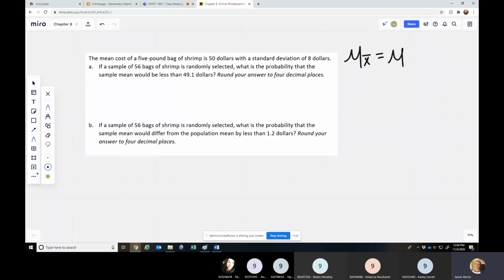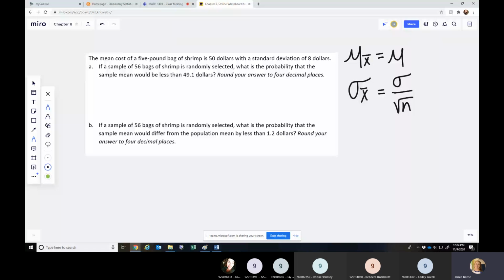It's just given by the mean of the population, which is mu. And the standard deviation of the sampling distribution of sample means is equal to the population standard deviation divided by the square root of n, which is the sample size.